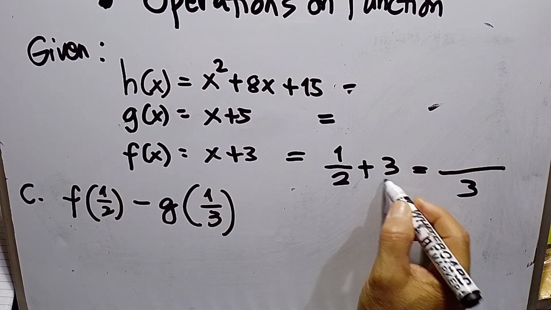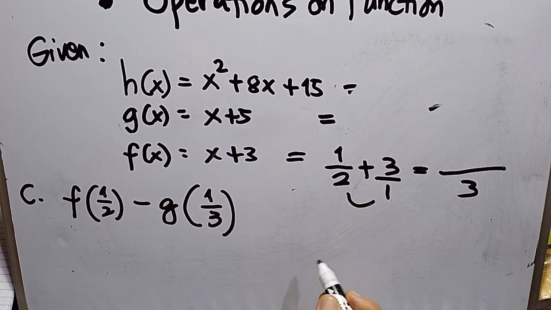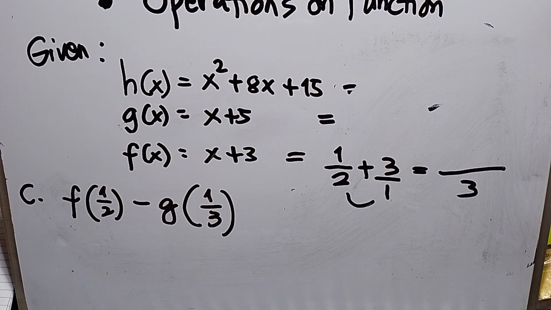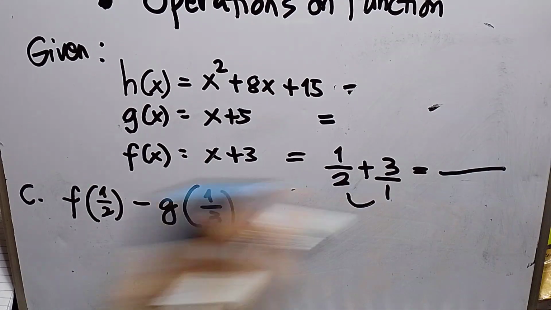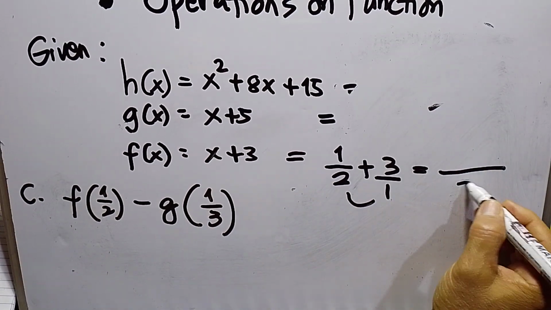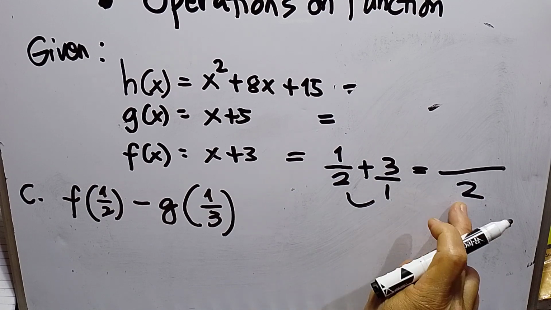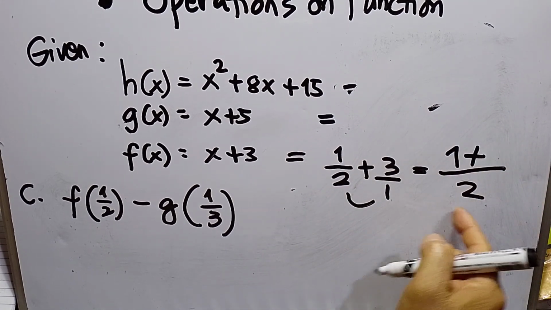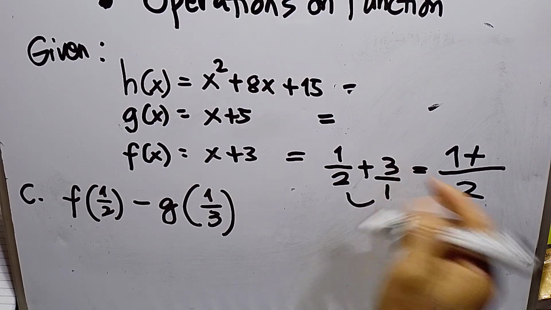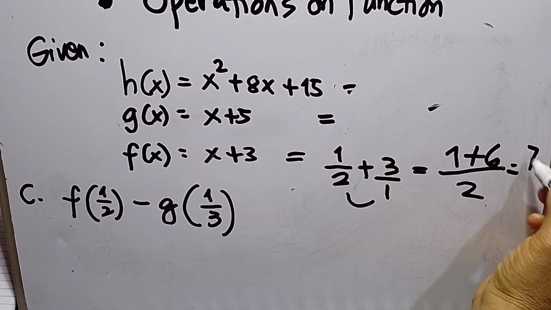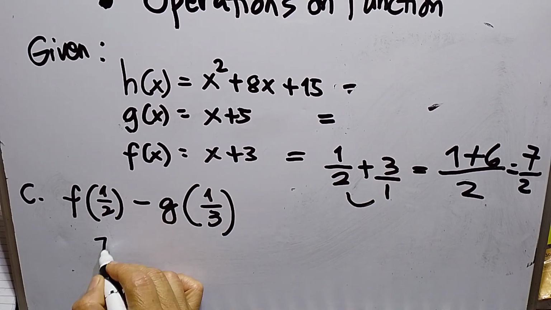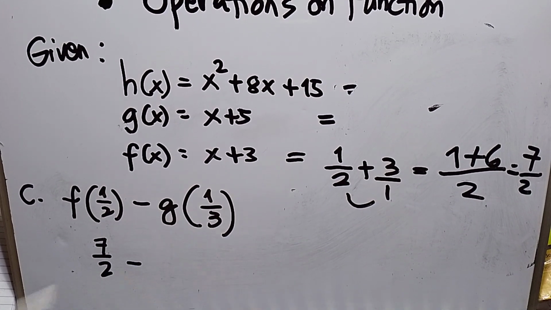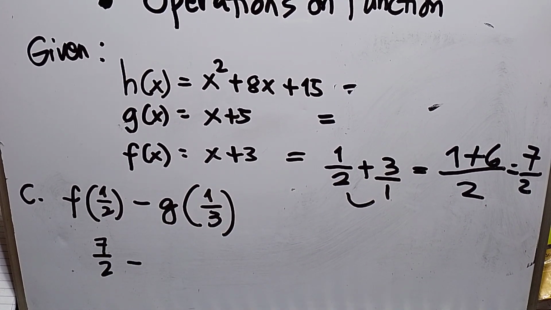And then I will put 1 as the denominator of 3. The LCD will be 2. Then 2 divided by 2 is 1 times 1 is 1. Plus 2 divided by 1 is 2 times 3 is 6. So this will be 7 over 2.